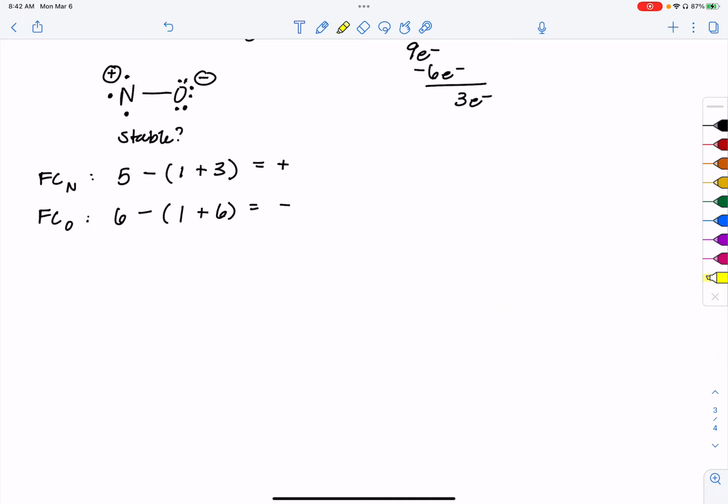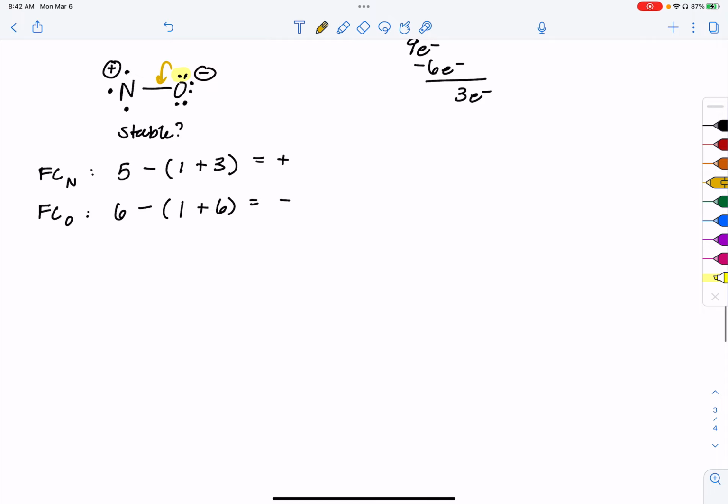So what if we were to take one of our non-bonding pairs on oxygen and create a bonding pair to nitrogen? If we were to do that, we would have something like nitrogen now doubly bound to oxygen, which would have 2 pairs. And then to accommodate that space for that double bond, we would see that these guys pair up.